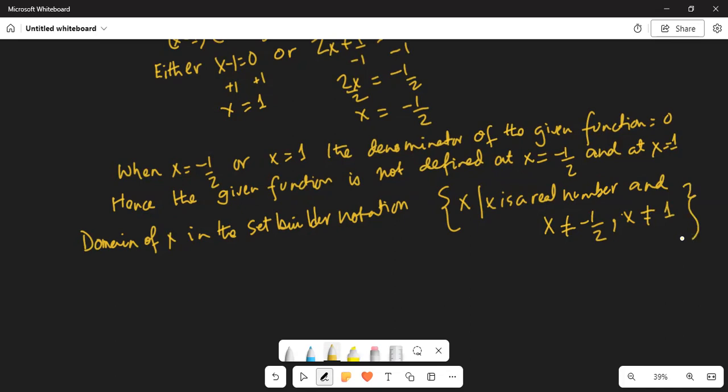Because at x equal to minus half and at x equal to 1, the denominator becomes 0 and the rational function is not defined.